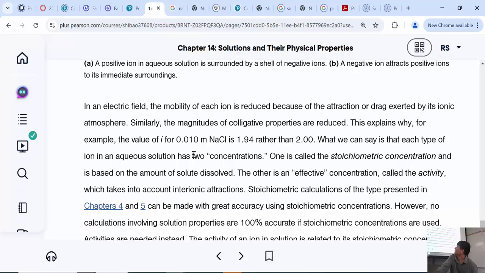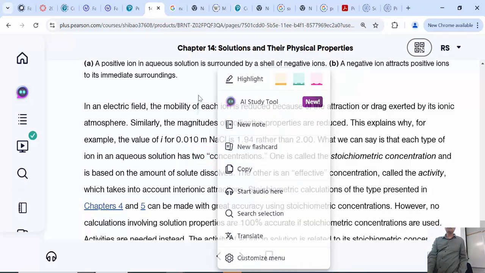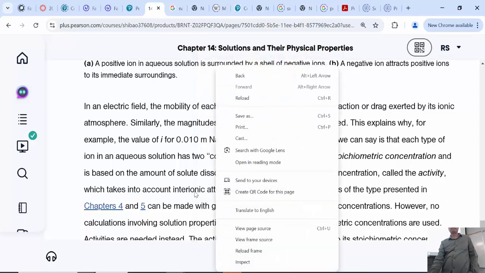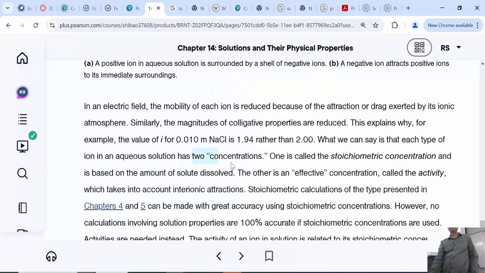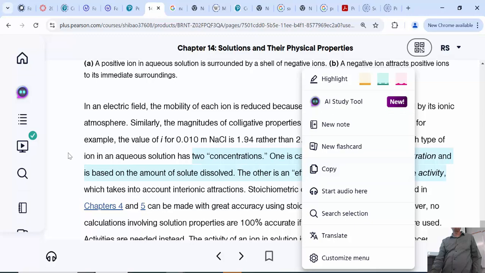But basically, around the middle of section 19, or near the end of section 14.9, you have this thing that says aqueous solutions have two concentrations. So you're looking for that.